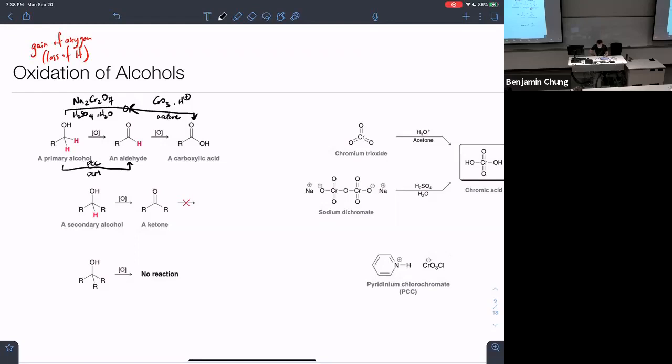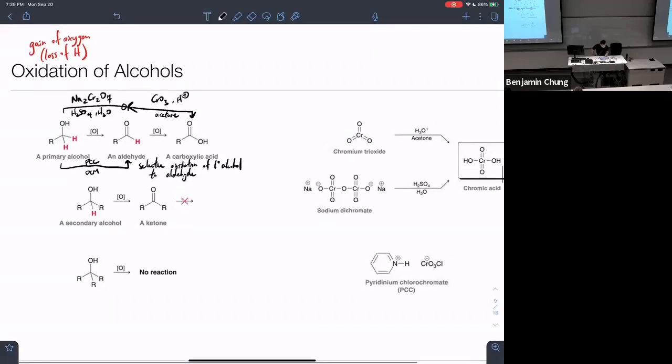It's selective oxidation of a primary alcohol to an aldehyde. Oh, I have it right here. Pyridinium chlorochromate. So there is the structure, if you are curious.